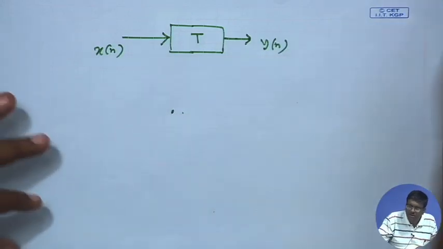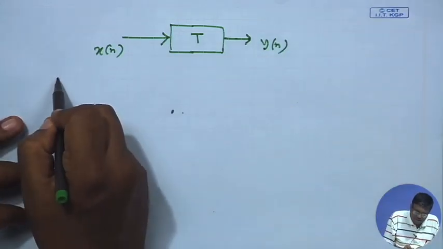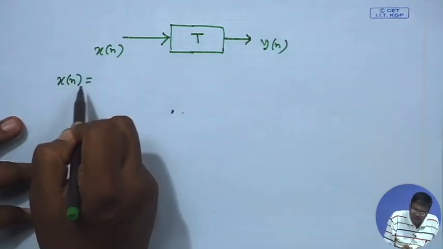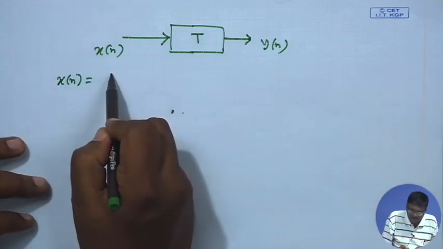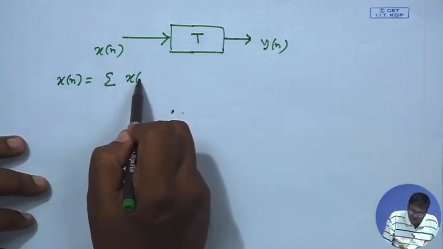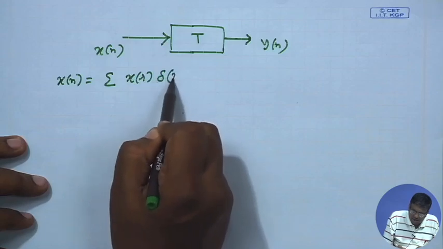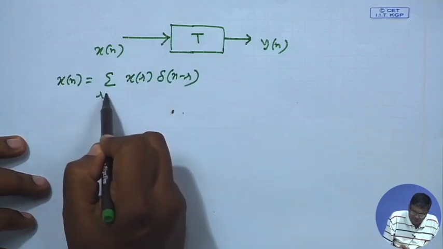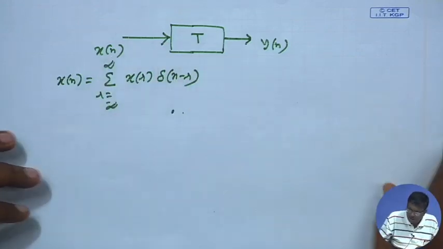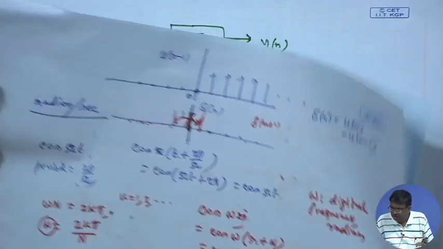Now, remember yesterday in the last class I showed that any sequence x[n] can be represented as a superimposition of delta sequences. Let me see if I can find the slide. Yes, here.